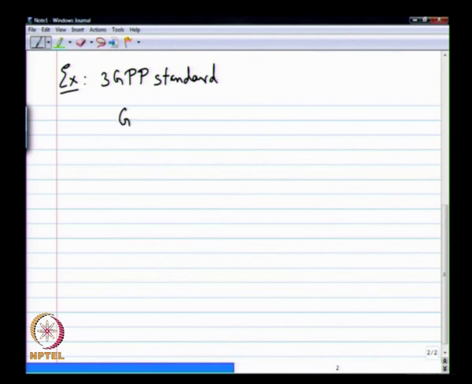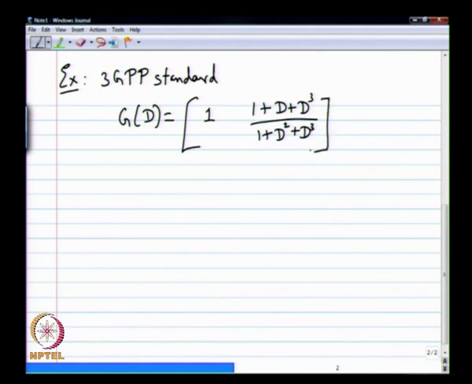So, the G of D they use for the convolutional code is something like 1 and then I think (1 plus D power 3) by (1 plus D squared plus D power 3), okay. So, this is the G of D for the rate half recursive systematic convolutional code, okay.